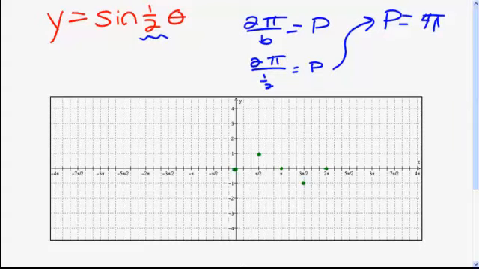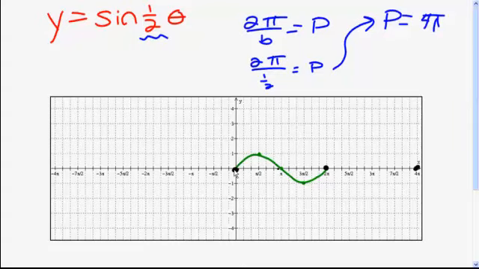So again, I've started with my parent function, and I can connect these dots, but those are those 5 key points we're going to be performing my transformations to. So I'm going to look at, now my period is 4 pi. So now from start to finish has to be 4 pi in depth. So starting point, ending point is at 4 pi. Now my middle point is always a 0 for sine, as it was here.